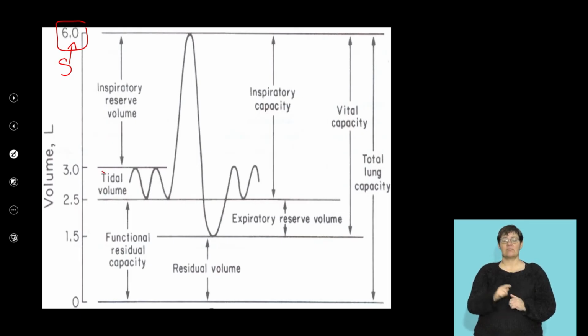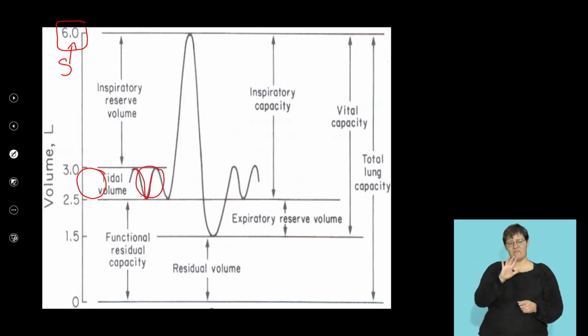This was the part I was talking about in the beginning, this tidal volume. And what tidal volume is, you can have a look: this is your quiet breathing every single time you breathe in through your nose and out. If you have a look at the pattern, half a liter comes in, half a liter goes out, half a liter comes in.